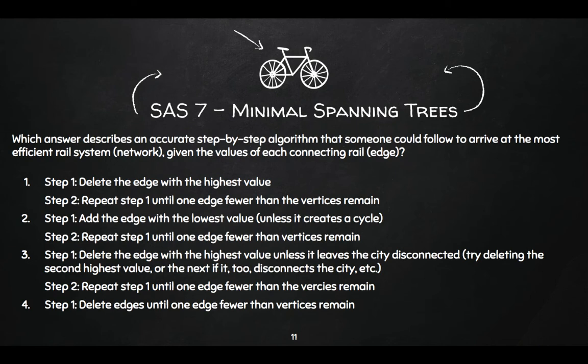No, that probably works, as long as everything's connected. Step 3, delete edge of the highest value. We already said that wouldn't work. Step 2, repeat step 1. Number 4, step 1, delete edge until 1 fewer. No, that's not going to work. So we know that step 2 is the answer. Guess what? We're right. Or, I'm sorry, answer 2.